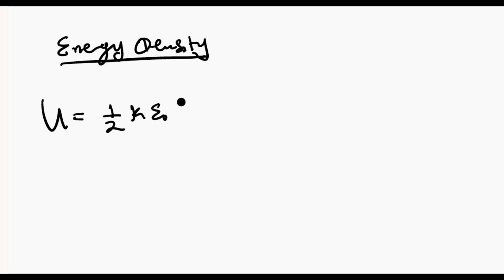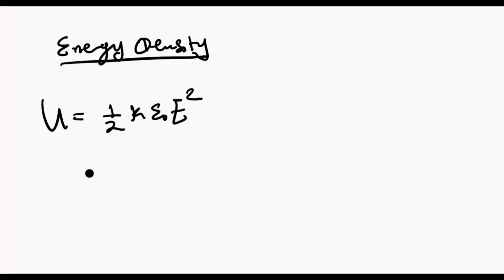I'm not deriving, I'm giving you the formula. Energy density U is equal to 1 over 2 K epsilon E squared. This K here means the dielectric constant, epsilon means permittivity, and this capital letter E means the electric field. So this is the formula for calculating energy density.